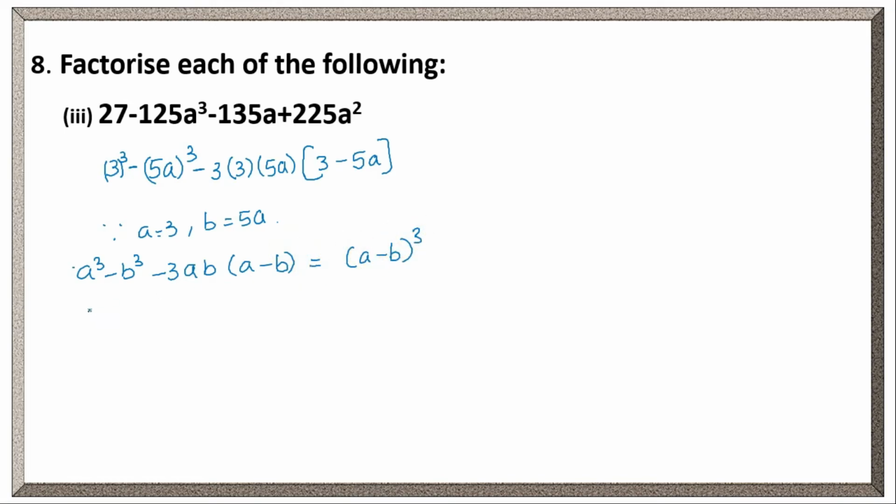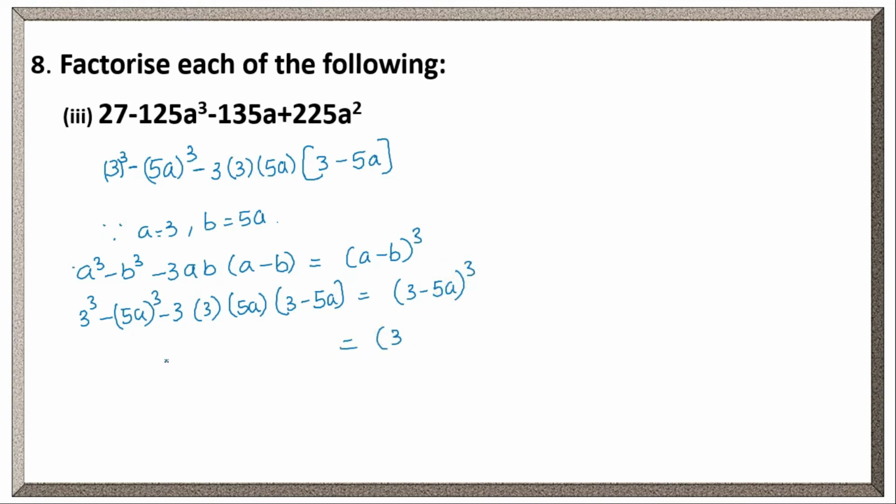Clear? Now we know a is 3. 3 cube minus (5a) whole cube minus 3 into 3 into 5a into (3 minus 5a) equal to (3 minus 5a) whole cube. Clear?